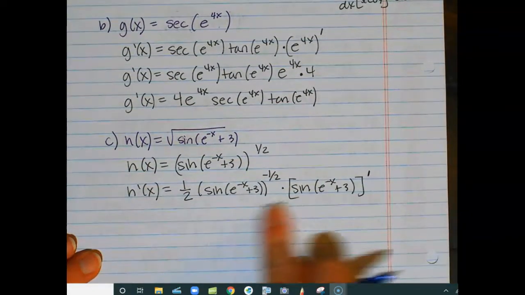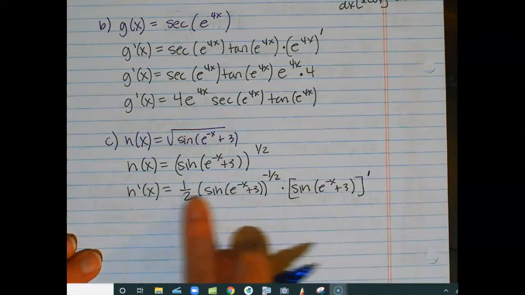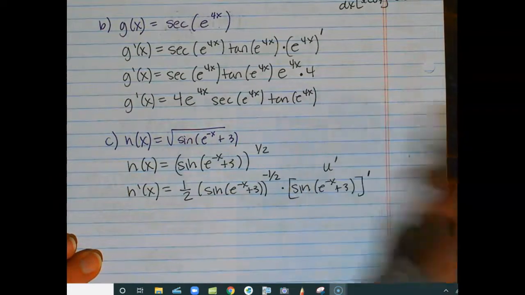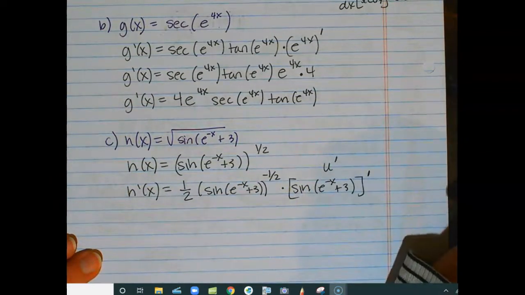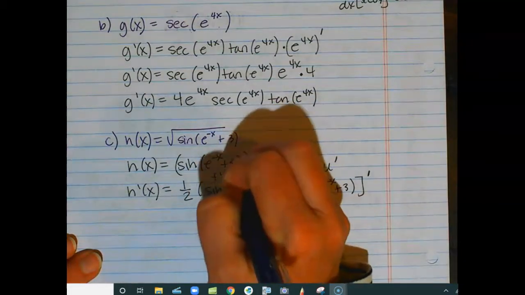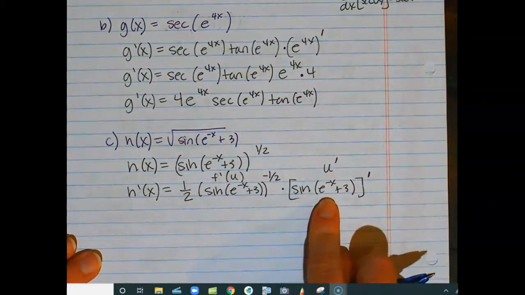Again, this is a middle step that some of you can skip, and you know who you are. But in order to not be killed by chain rule, it is good to take it one step at a time. So this is the outside function, and you can now see that you've got u prime. If you want to look at that first set of instructions that we saw before, this would be f prime of u, keep the baby, times u prime.